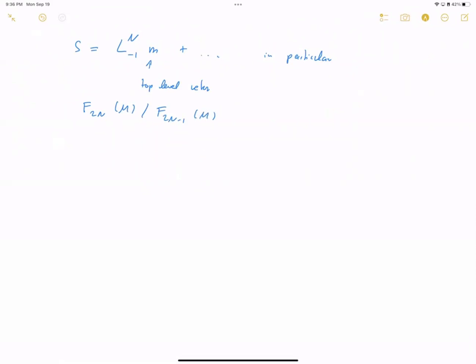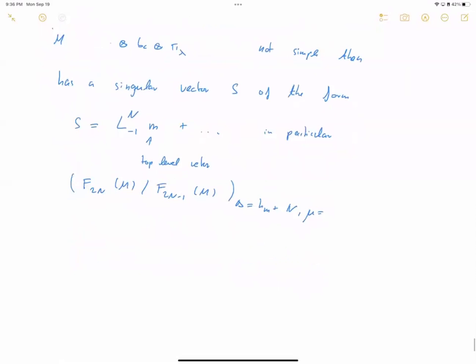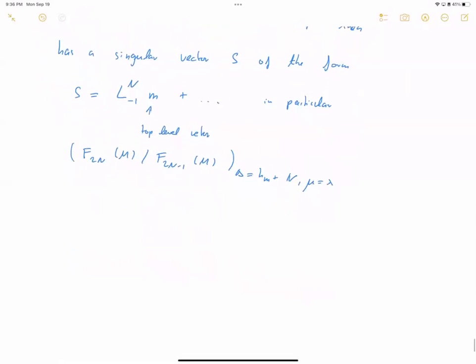So in this quotient, we also know its conformal weight is n, and its Heisenberg weight is mu, the weight of the top level lambda. This quotient is one-dimensional and simply spanned by this leading term.